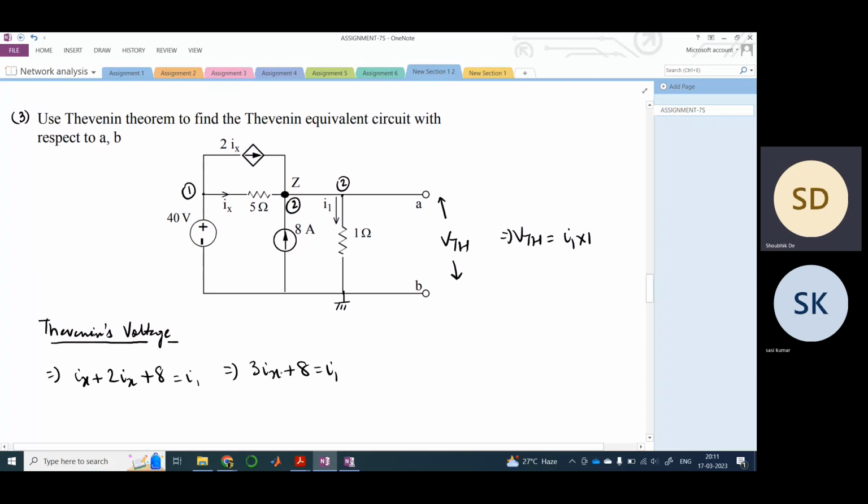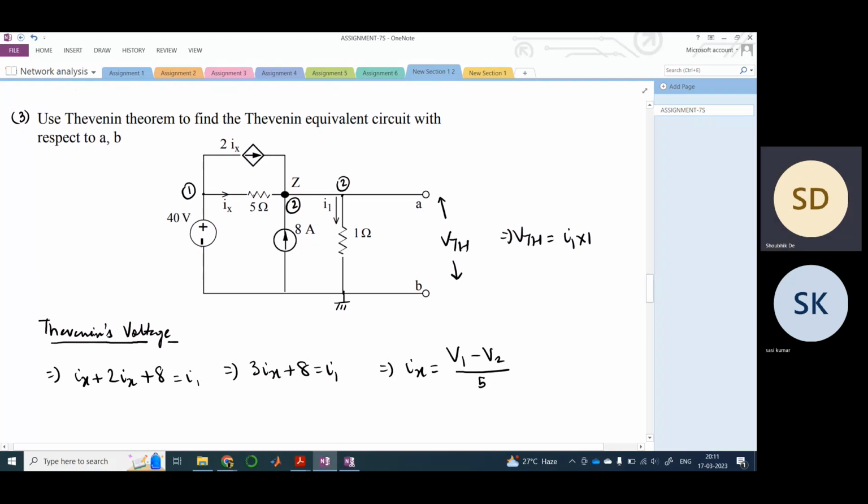Now what is Ix? If we are able to find out Ix, we will get the value of I1. So Ix is nothing but V1 minus V2 divided by 5 ohm, right?